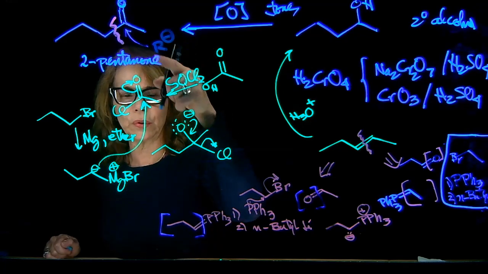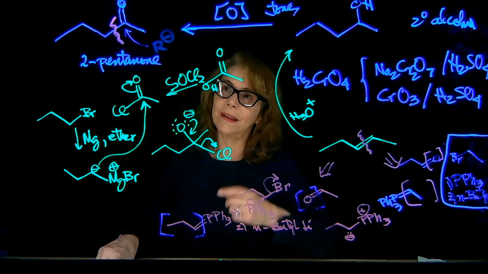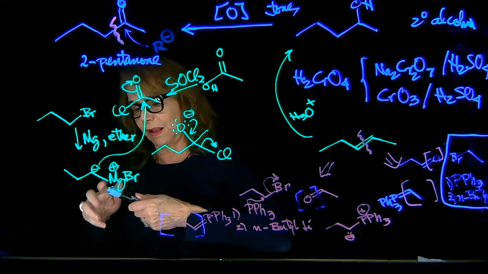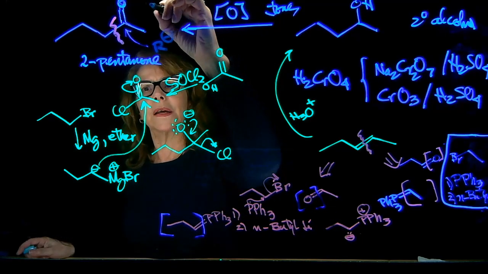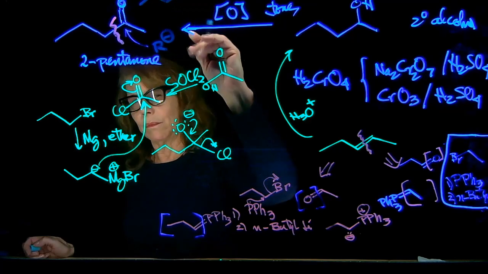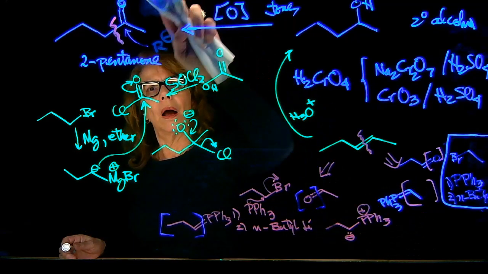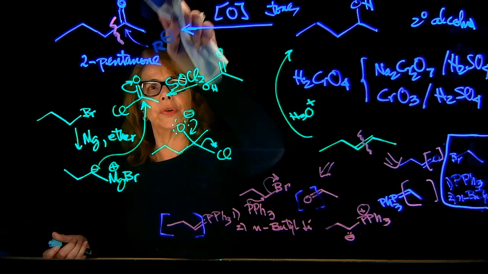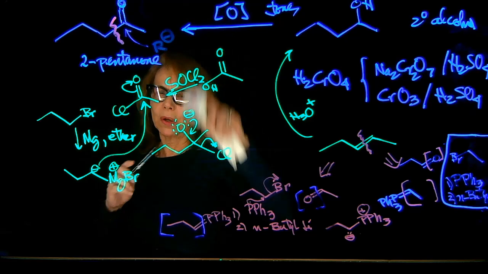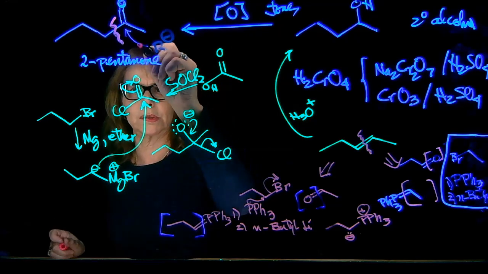So the problem with this pathway is that I can have another attack, and that would lead to the formation, if that happened, let's erase that, of a tertiary alcohol. You don't want this to happen because that's not your target. So we don't want this.